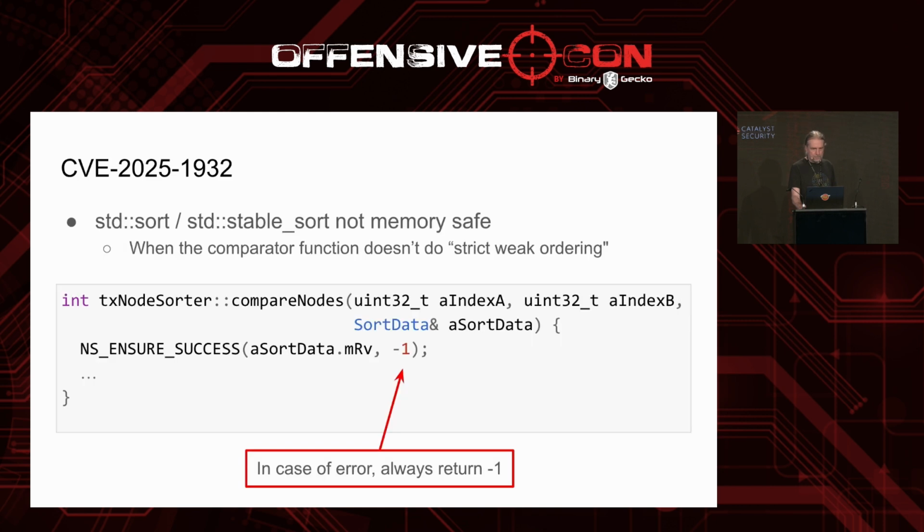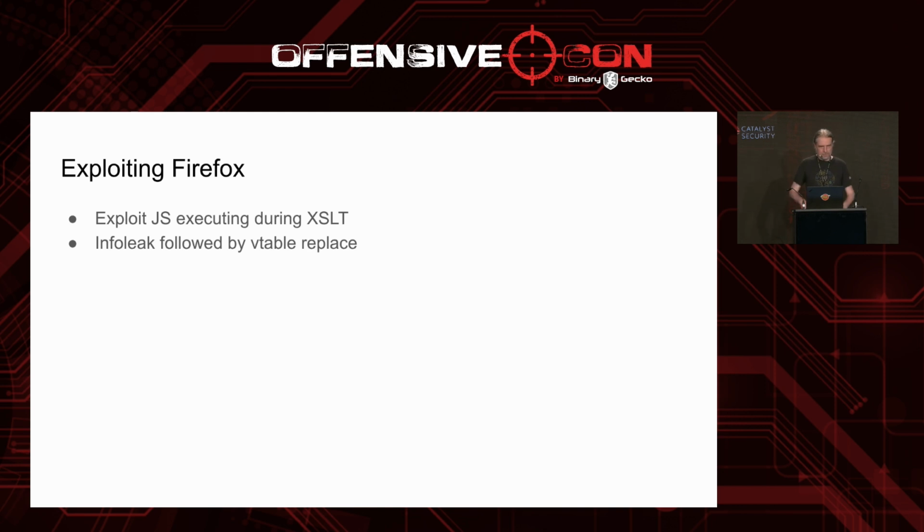So at this point, let's stop talking about vulnerabilities, and let's see how we can exploit one of those vulnerabilities. And the vulnerability I chose to exploit was that vulnerability in Firefox, where you could run JavaScript during XSLT, or more precisely during document loads during transformation.